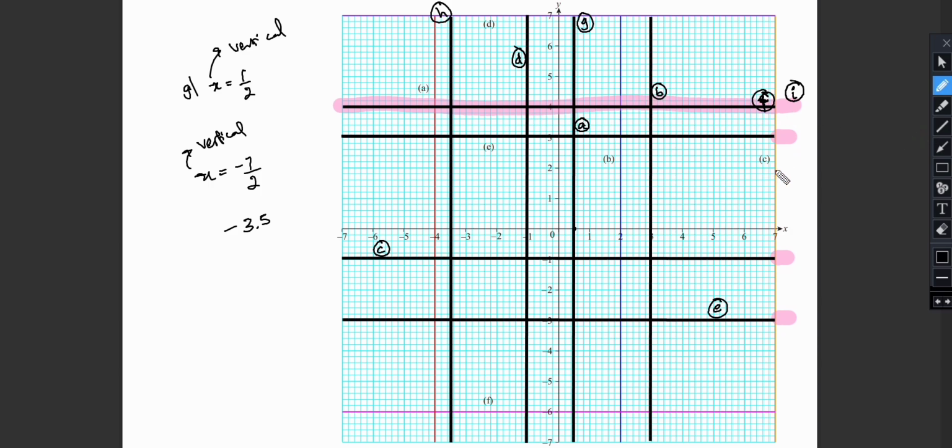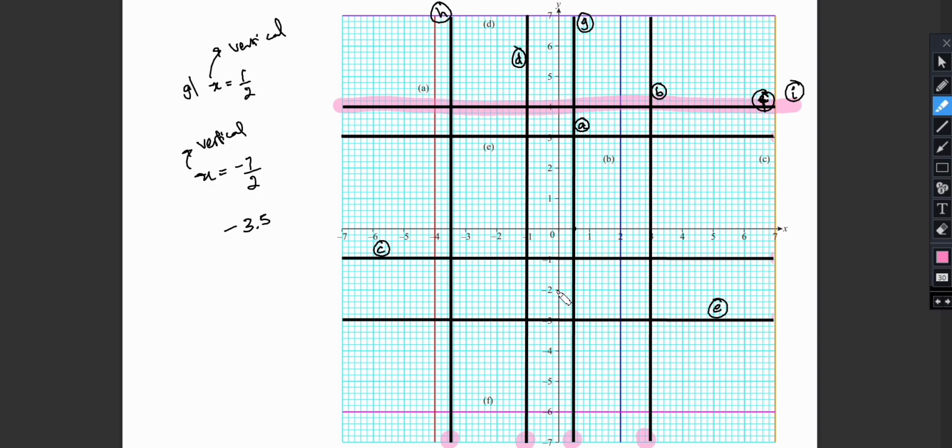And the J part says a graph parallel to the y-axis which goes through the point minus 2, 0. So these four are the ones parallel to the y-axis. So they should cut at minus 2, 0.